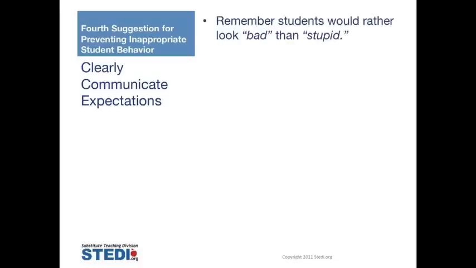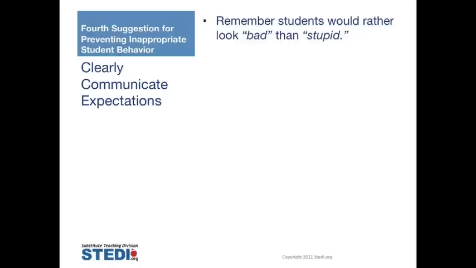Often the house doesn't even have any rules, but they'll set rules and then a way to positively reward the kids for complying. When we aren't clear in setting our expectations, we cause students to be disruptive. And I'm not talking about them asking each other questions about what they are supposed to be doing. They start becoming defiant for the reason that students would rather look bad than stupid.